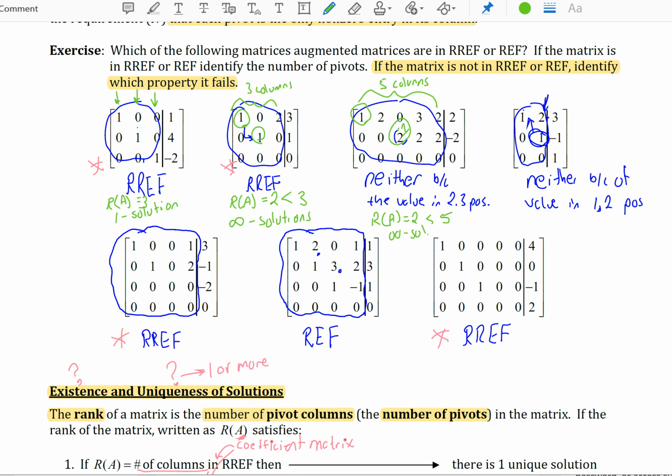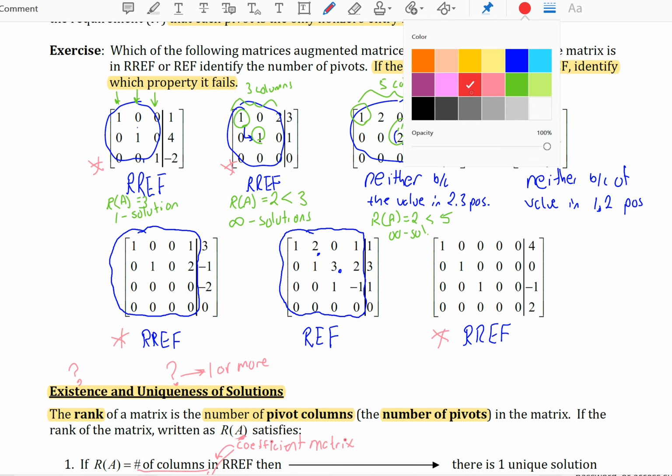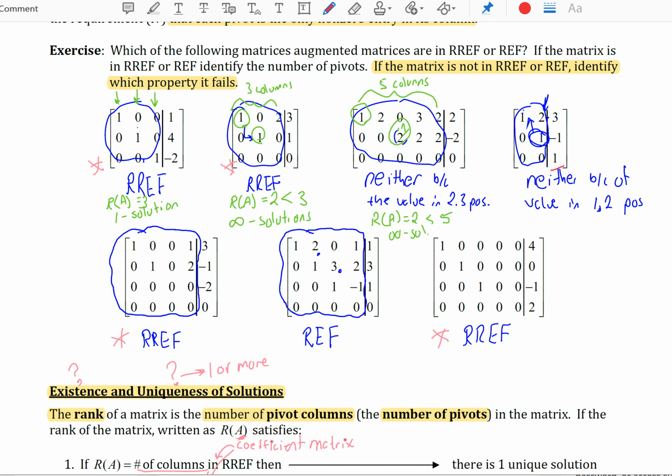This one. Here I'm noticing the bottom row. This again tells me something like 0x plus 0y equals 1, which tells me that there are no solutions here.